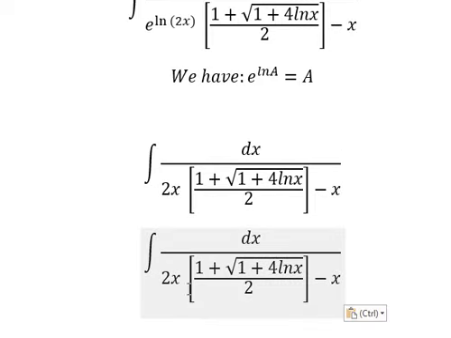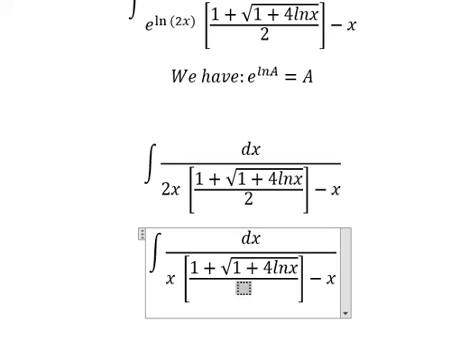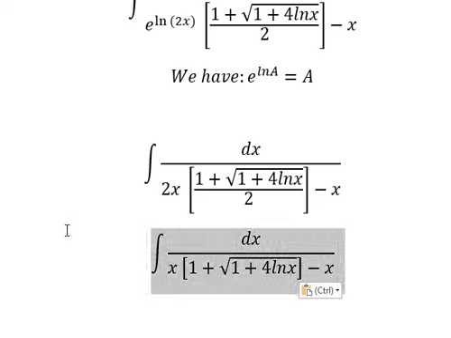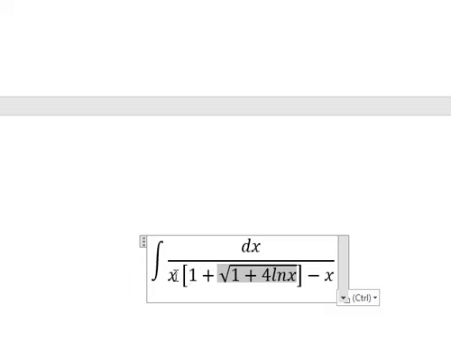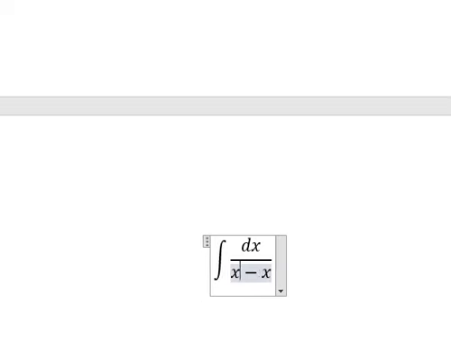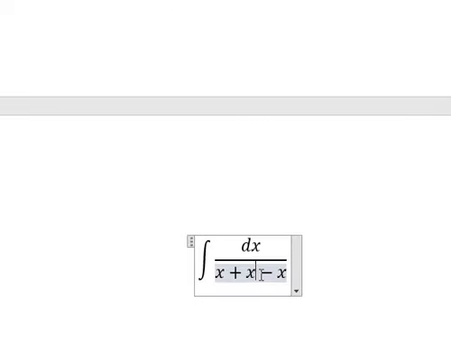So 2 and 2 we cancel. So s multiplied by 1 and the square root. So s minus s, they cancel.